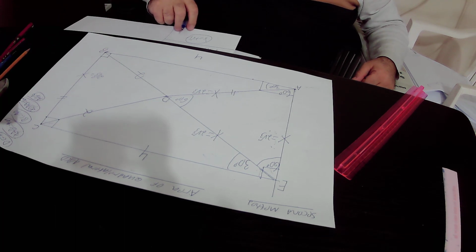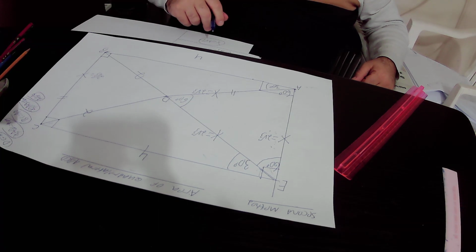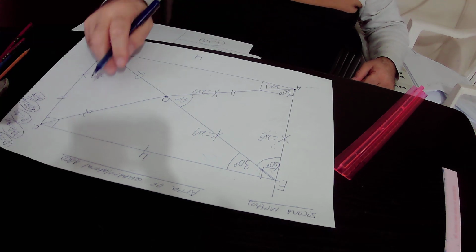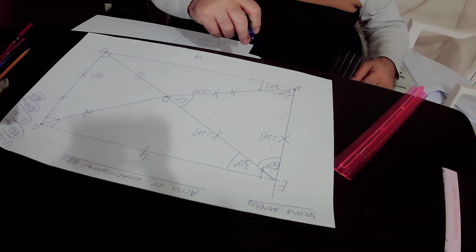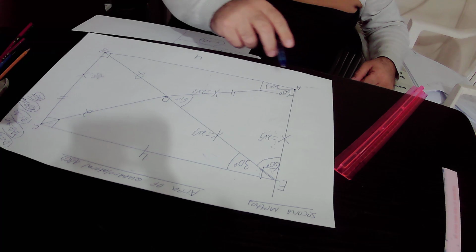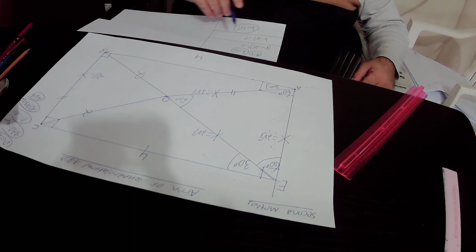Now it is very easy to calculate the area of our quadrilateral ABCD, because the area of quadrilateral ABCD will be equal to the area of triangle ADB plus the area of triangle BDC. So I will write it down.